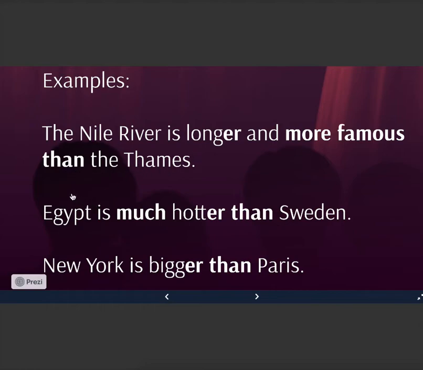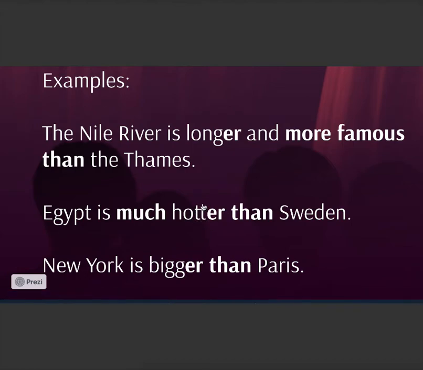We have another one. Egypt is much hotter than Sweden. What happened here? I am using much to express how much it is, like the amount of something, remember that. And what about this one? Hot. Look, the adjective is hot, but what happened? Consonant, vowel, consonant, so what do I do? I have to double the last consonant and then I put er.